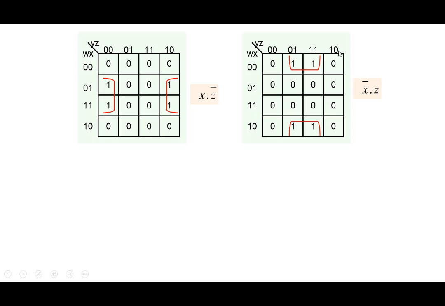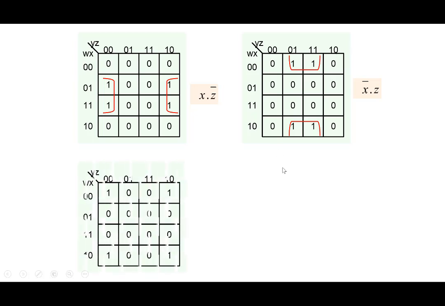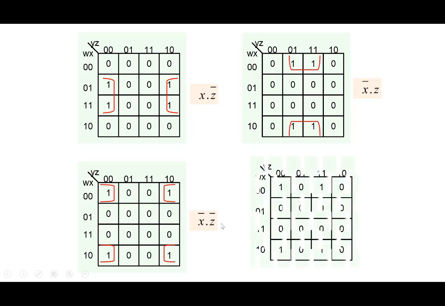The principle is that there should be 1 bit change, and then you can combine the terms together. What about here? Well, you can combine this one, and this one, and this one together, and you're left with whatever is common between them. You can write down X bar Z here.